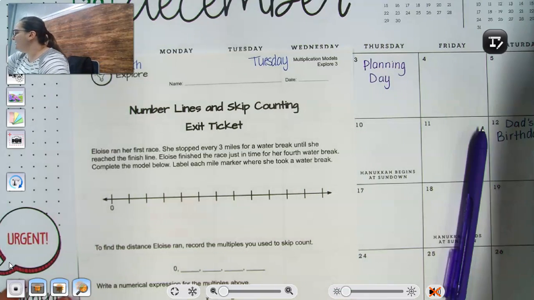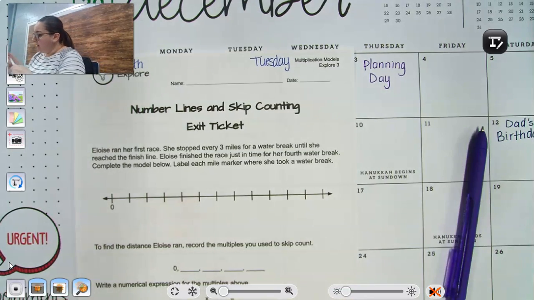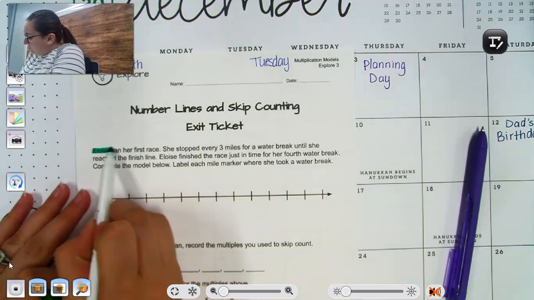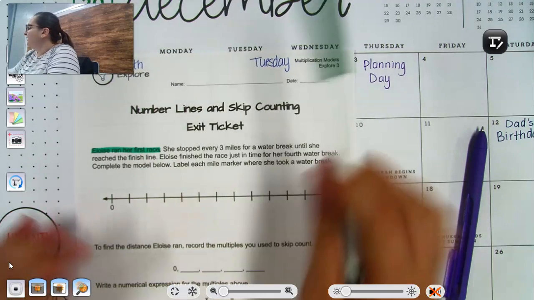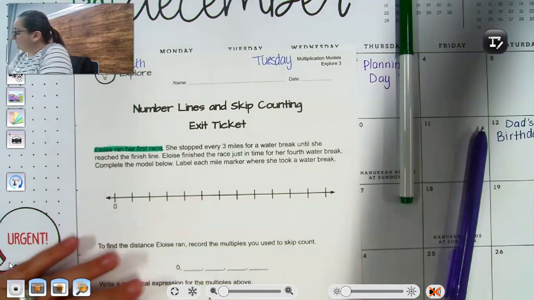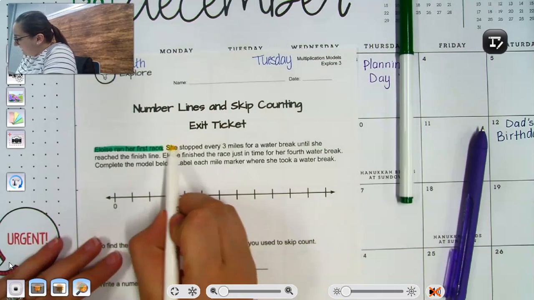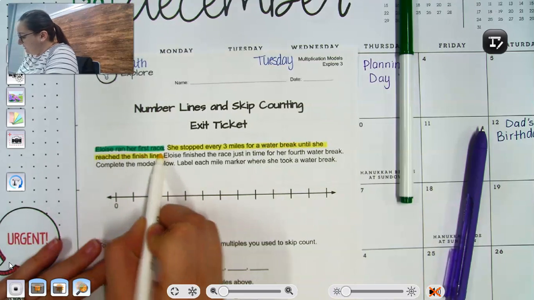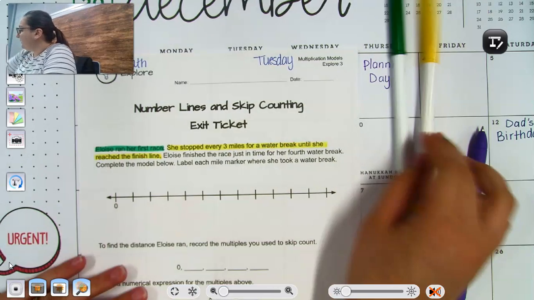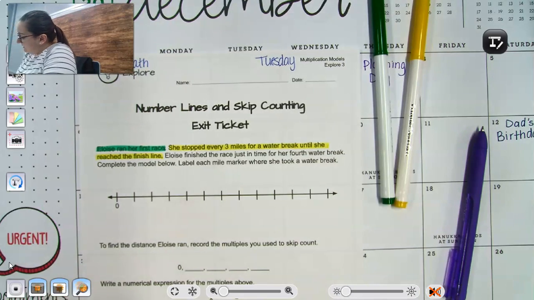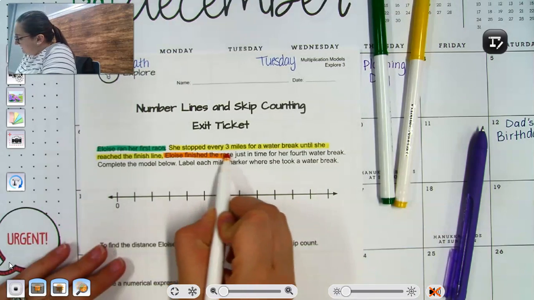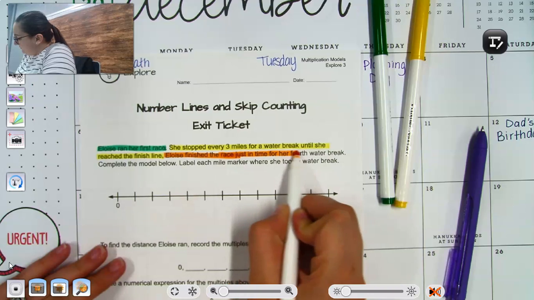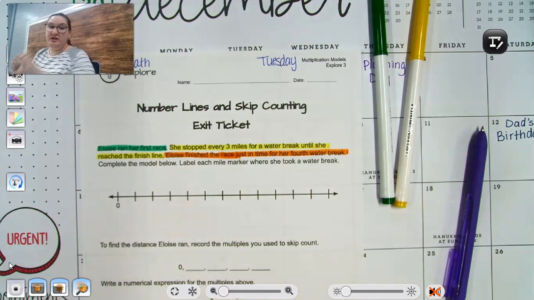So let's break this sentence down. We know she ran her first race. She stopped every 3 miles for a water break until she reached the finish line. She finished the race just in time for her 4th water break, so she had 4 water breaks.